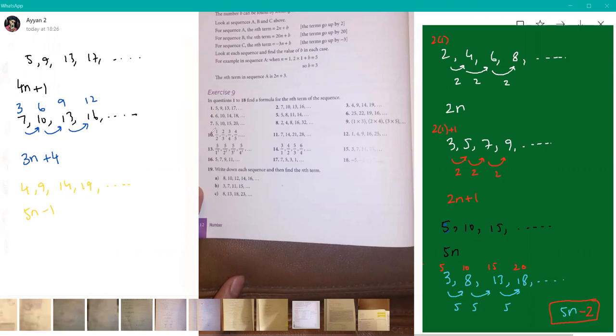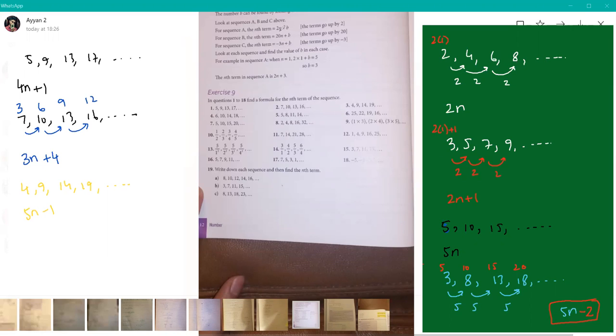By the way, we can use this method in only those cases where there is a fixed difference. This is known as a common difference. So I am giving you the method to write the nth term for the cases when you have a fixed difference between the terms. If there is any other case, every sequence has got its own method to write its nth term.